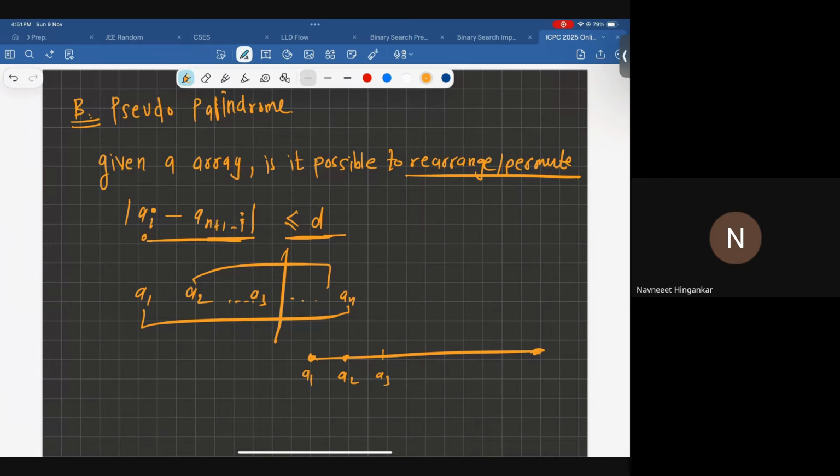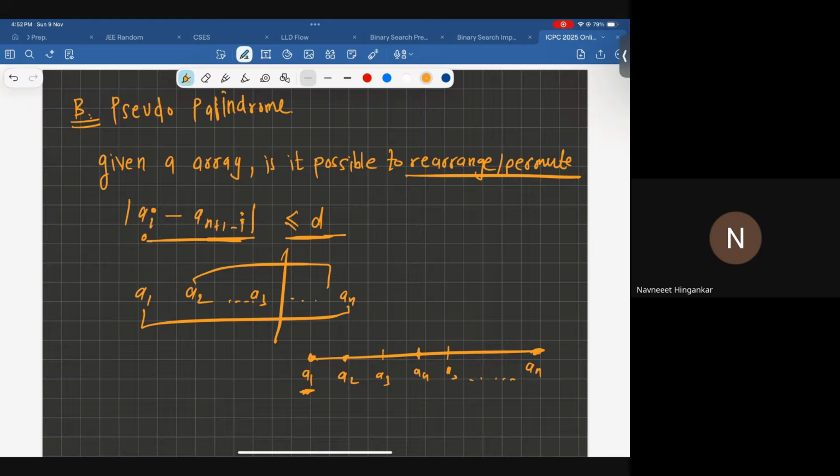A1, A2, A3, A4, A5, and so on. Now if I choose A1, by the way, these are numbers I am plotting on the x-axis. How will we combine them?